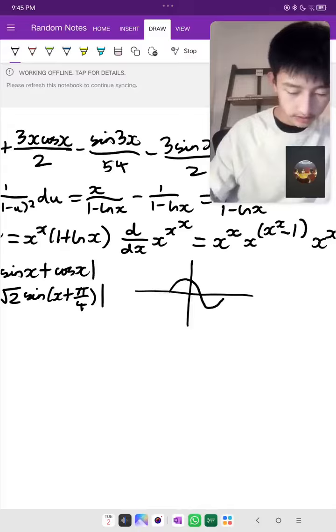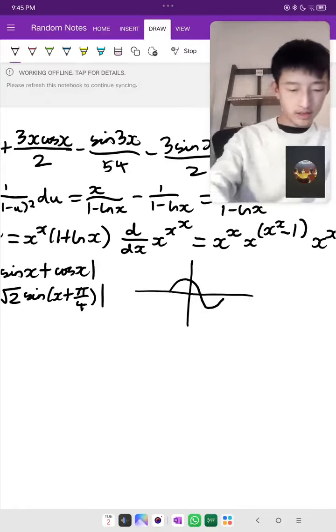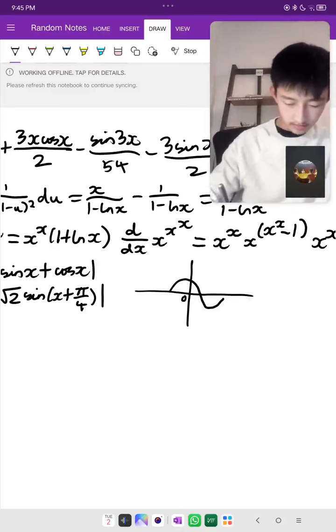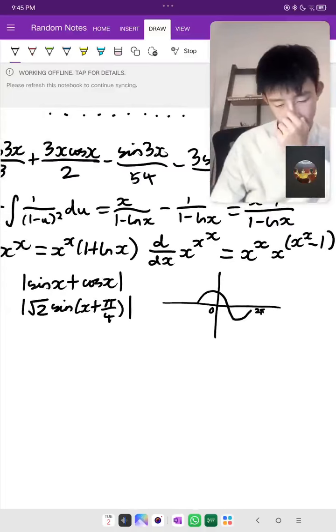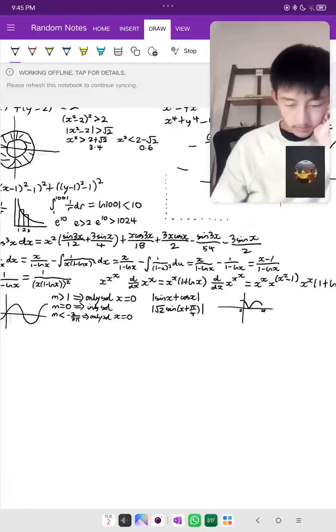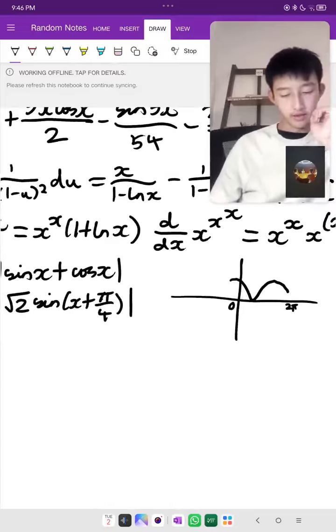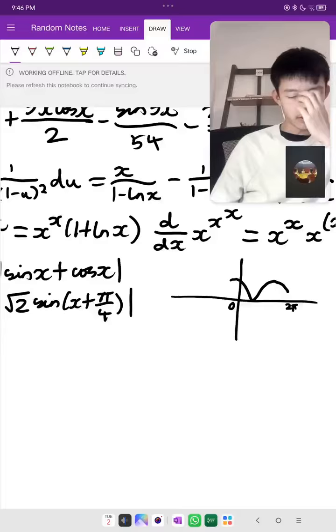Well, we only really need 0 to 2 pi. So if that's 0 and that's 2 pi, then our mod of this is going to be more like this. So okay, the root of this that we're interested in is going to be when x is 3 pi over 4.